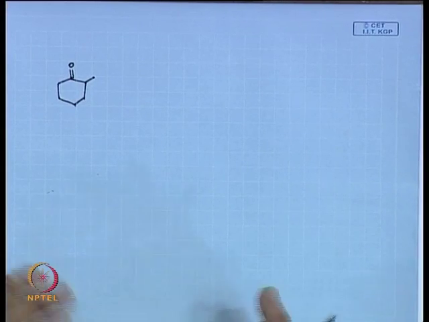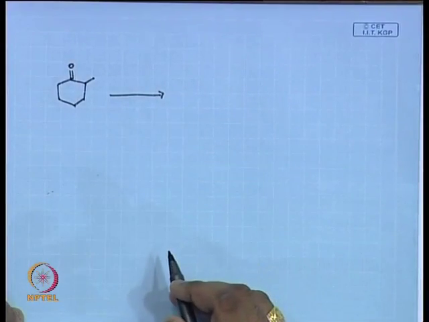So now we will take a very simple cyclohexanone system, okay, and try to understand this product study, like if you do it in vapor phase or if you do it in liquid phase, which products will be predominant. Okay. So first, for that we have to write the products. So can you write all the products for this?